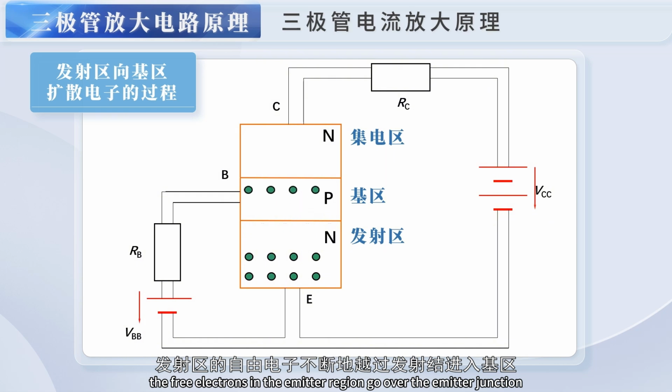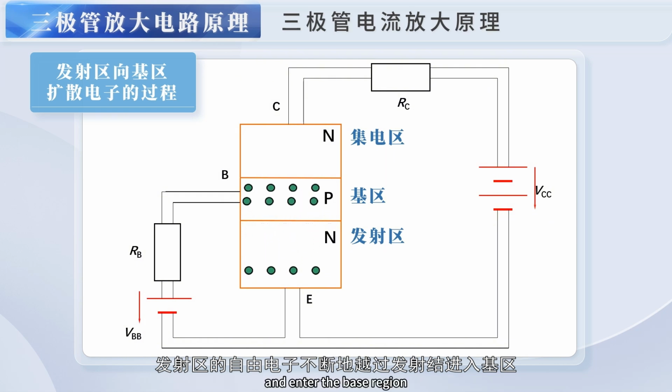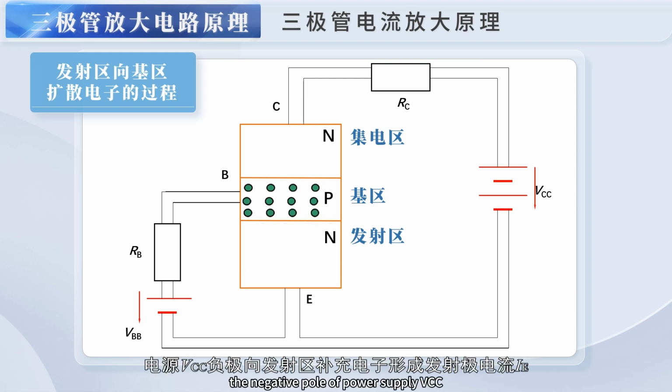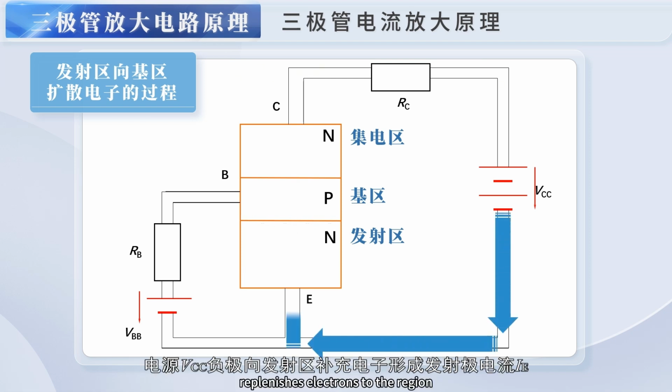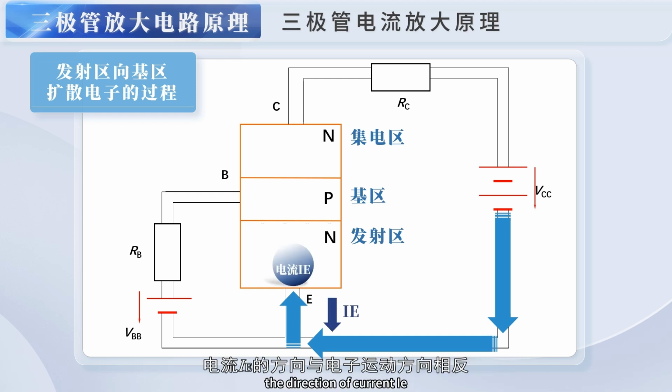The free electrons in the emitter region go over the emitter junction and enter the base region. The negative pole of power supply VCC replenishes electrons to the emitter region, forming the emitter current IE. The direction of current IE is opposite to the electrons' movement.